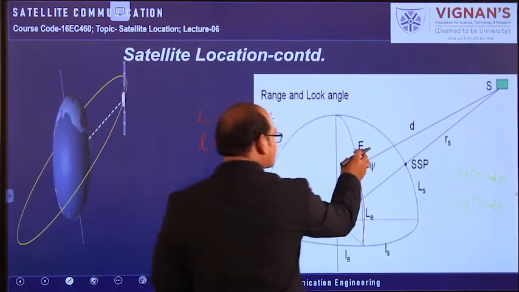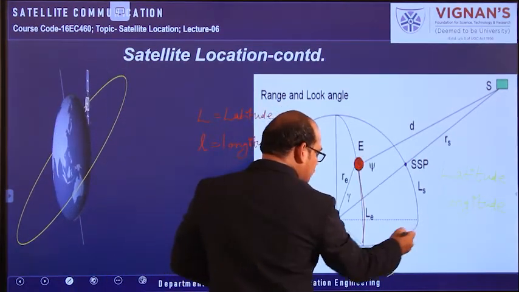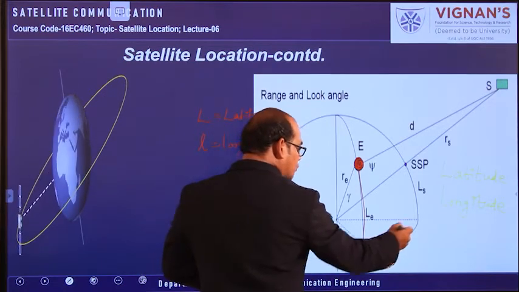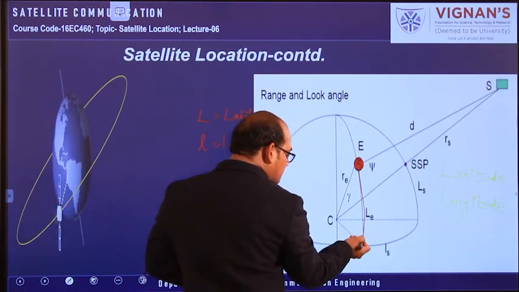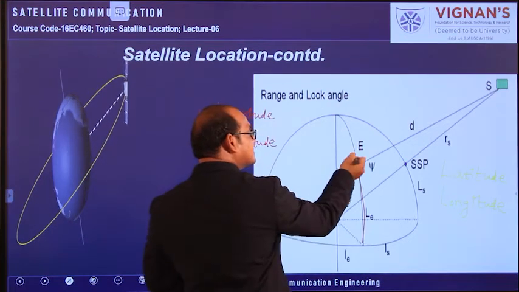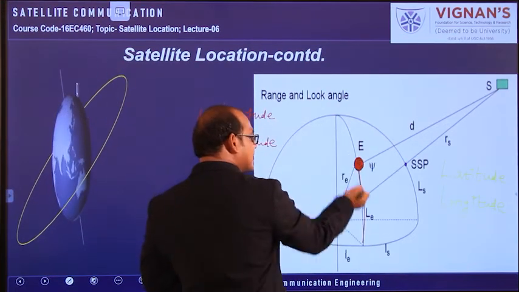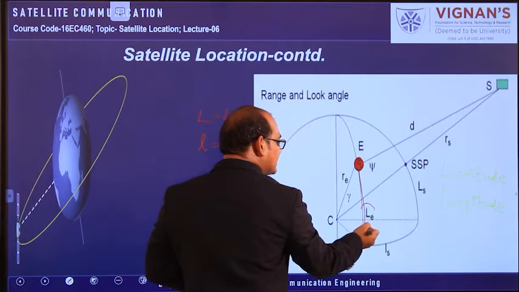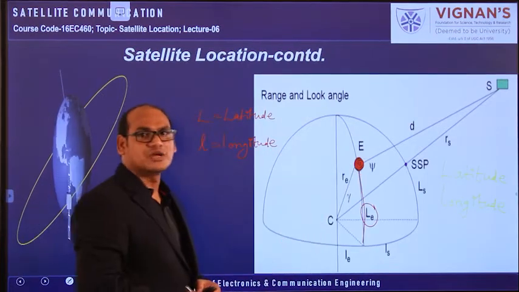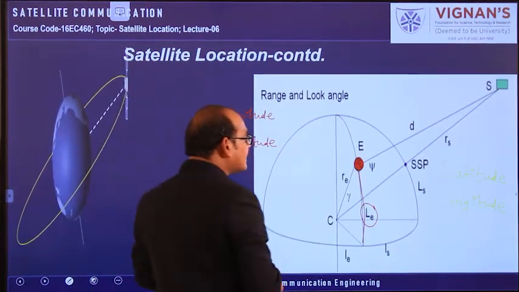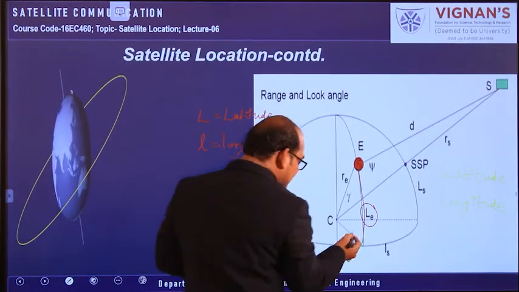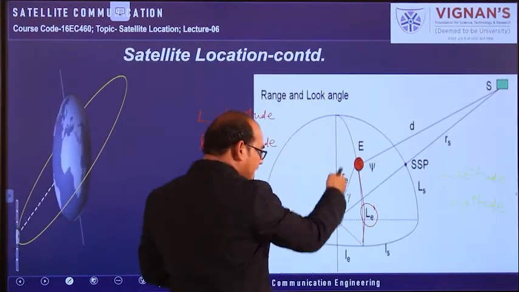So this is the earth station we have taken, and this is the equator. Equator is 0 degrees latitude, and from the equator we have to go upside to get this earth station, and that is at the angular distance of LE. So this LE is representing latitude of the earth station. And now we will see the longitude of the earth station. This is the prime meridian.